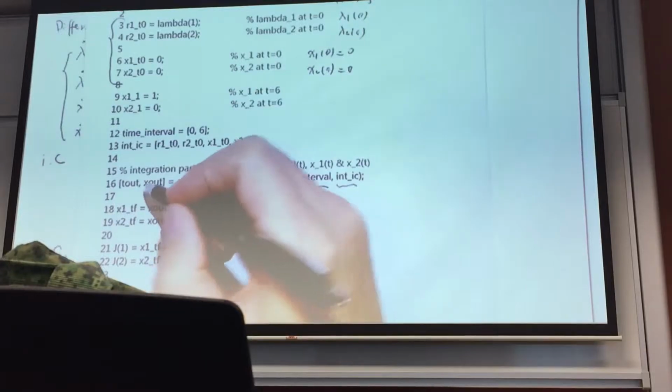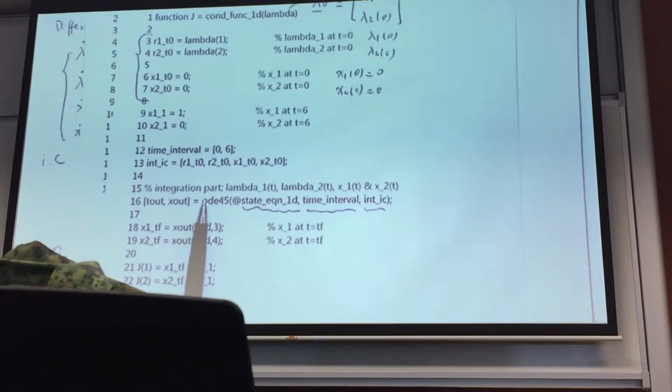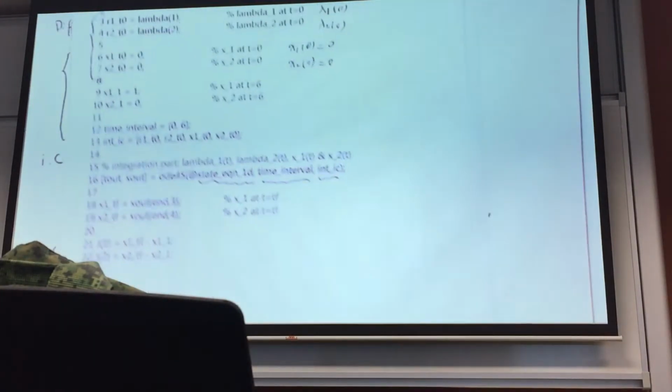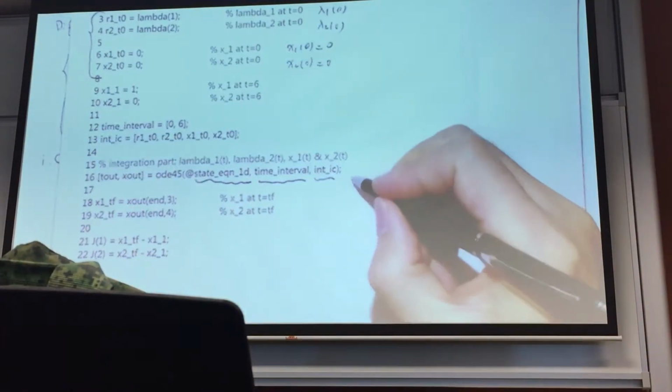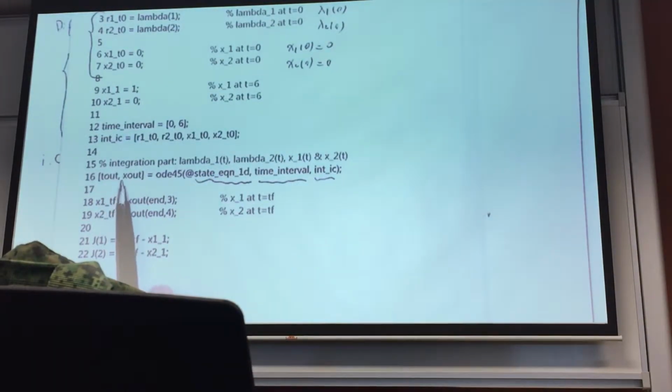So the output will be the final result. The t out is the time, representing the timing from 0 to 6.